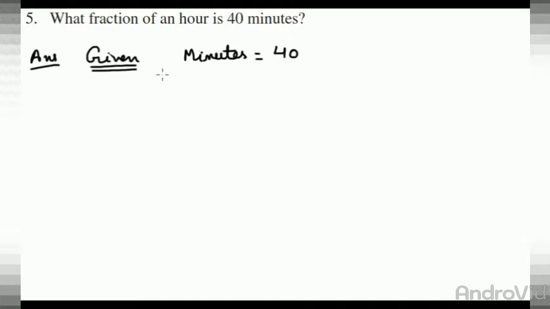Next question is the fifth. What fraction of an hour is 40 minutes? Now we have to find the fraction in terms of minutes. We are given the total number of minutes, 40, and what we have to do next is know the total minutes in an hour, that are 60.